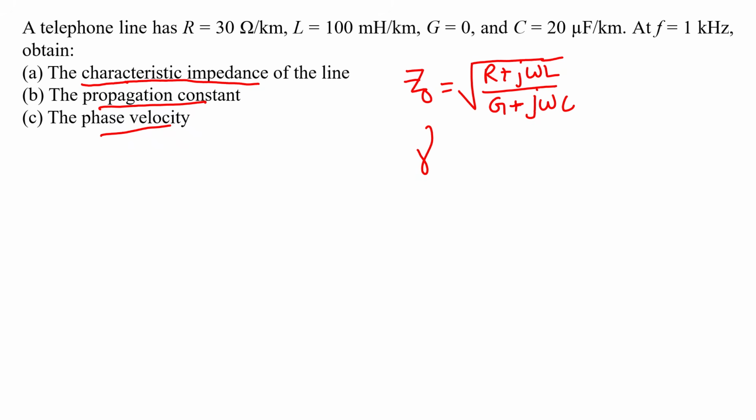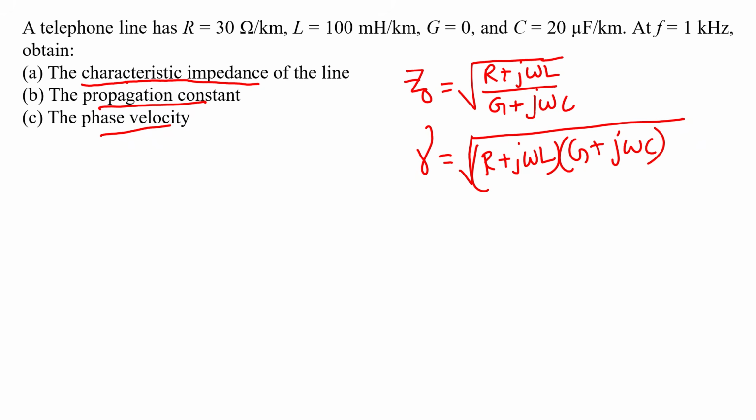The formula for propagation constant gamma is equal to under root of (R plus j omega L) into (G plus j omega C). And phase velocity, if we are representing it using u, will be equal to omega upon beta. So these are the three formulas that will be needed for solving this question.